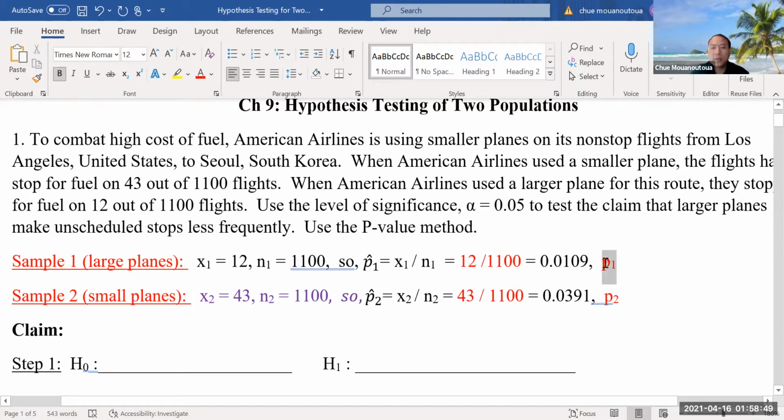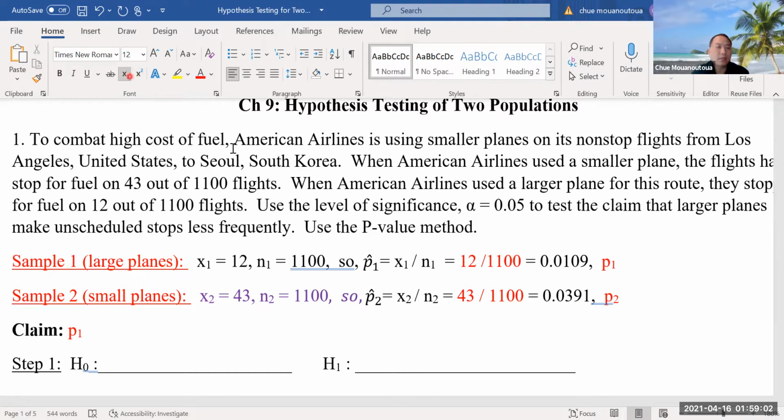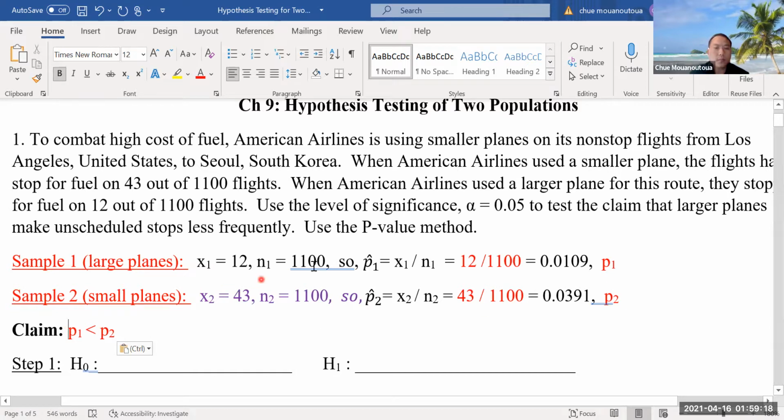In other words, p1 is for the larger plane, and they stop less frequently, so they make fewer stops. So the proportion or percentage of stops will be less than p2. You should be able to tell the difference between p1 and p2, and translate the claim into symbols like this.